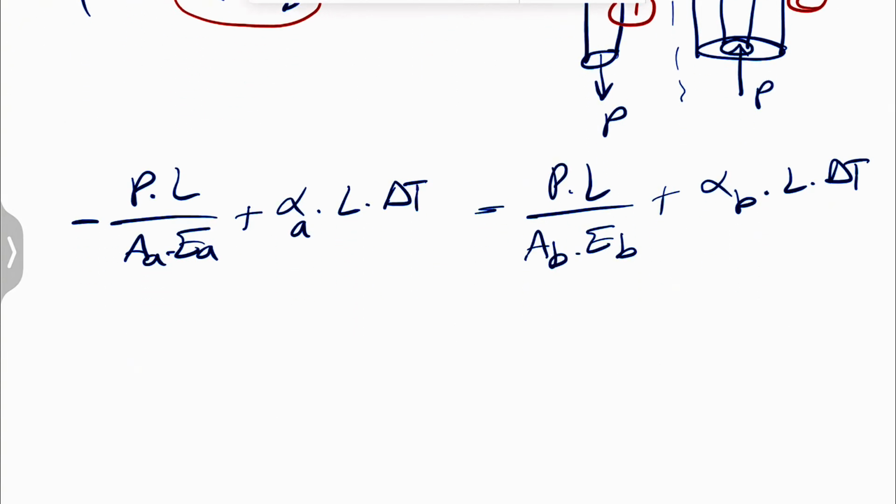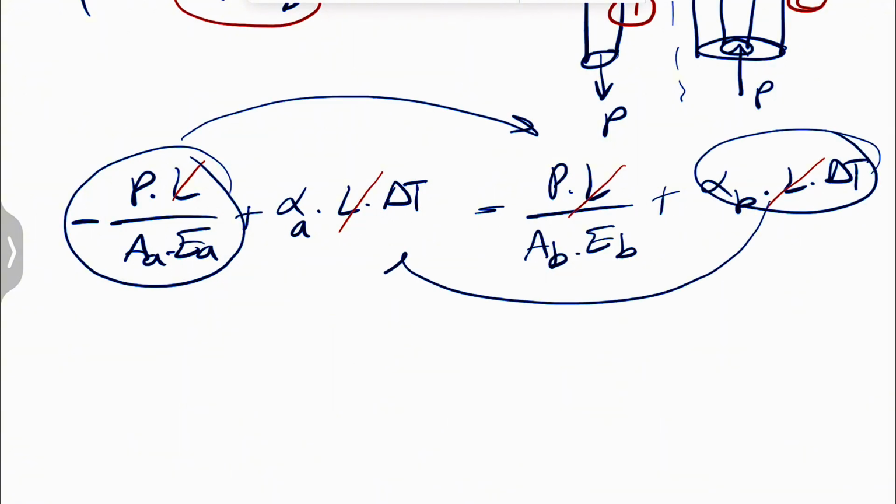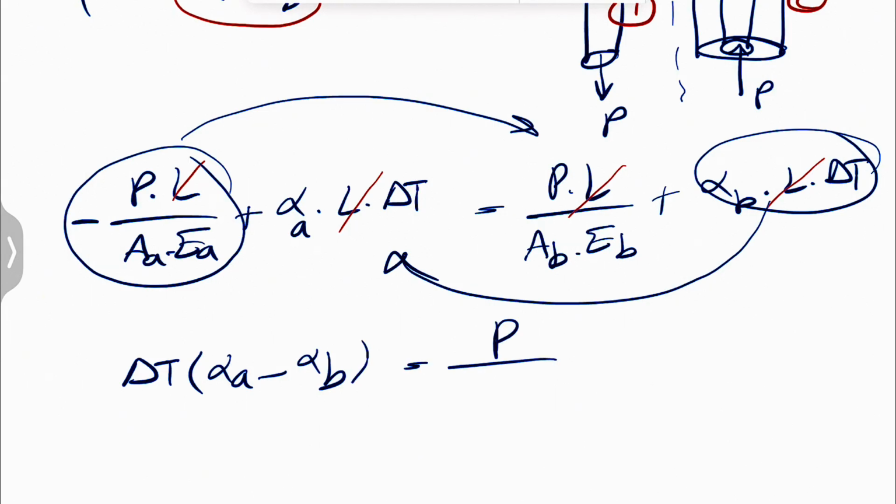As we can see, we can cancel out all the L's from the sides of this equation, and we're going to bring this to the right side and this one to the left side. From that we can factor the delta T, so alpha A minus alpha B is equal to P over AB EB plus P over AA EA. Sorry, we have a plus sign in here.